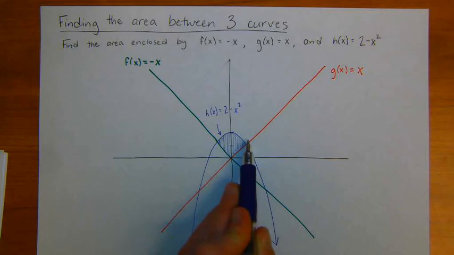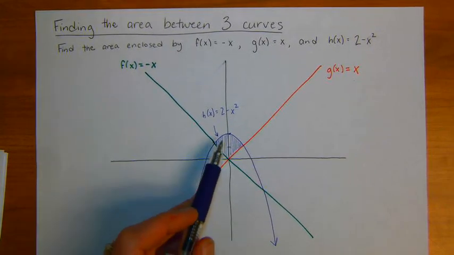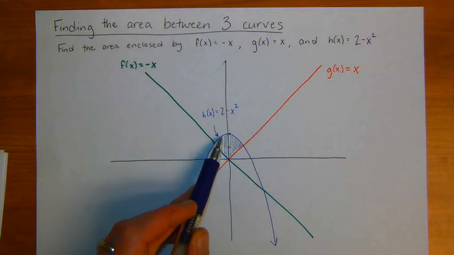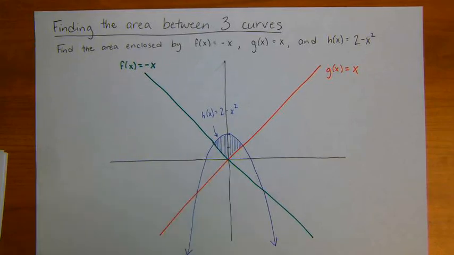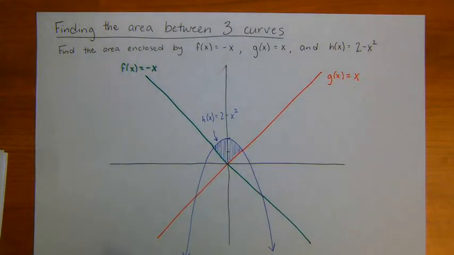Whereas once I cross over into this half, the bottom curve becomes the red curve, g of x. So we're actually going to need to set up 2 different integrals because the region is going to be bounded by 2 different curves depending upon where you are. Let's set this up, but I'm not going to go ahead and evaluate it.